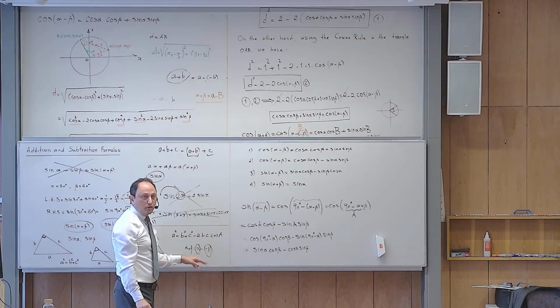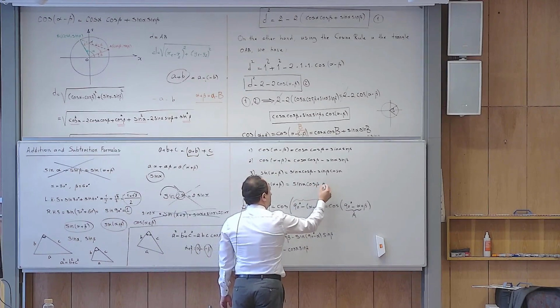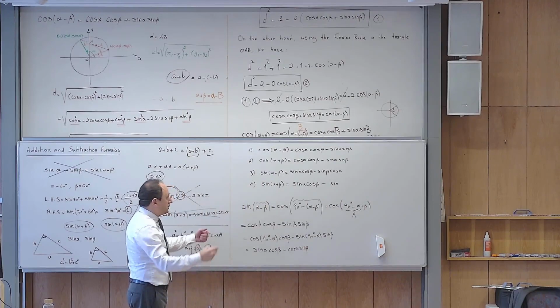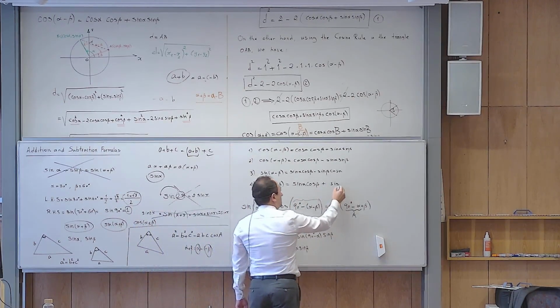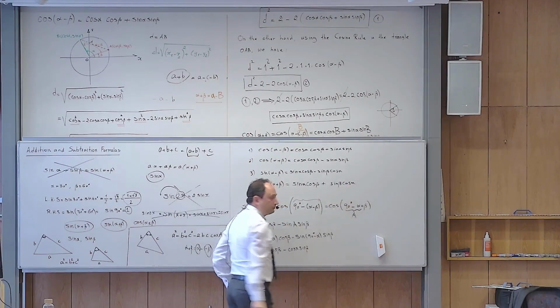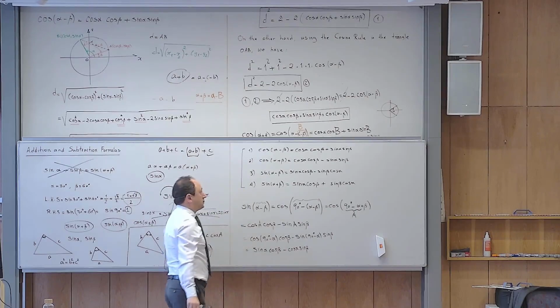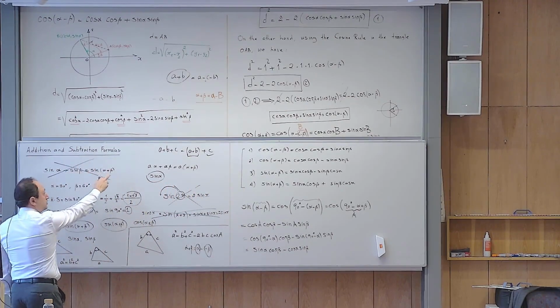But cosine of minus beta is again cosine of beta. Yes? Minus sine of the second angle. Sine of minus beta is minus sine beta. So this minus sign becomes positive. Okay, so these are the four formulas under the title of addition and subtraction formulas.